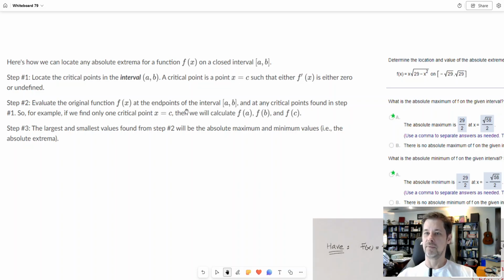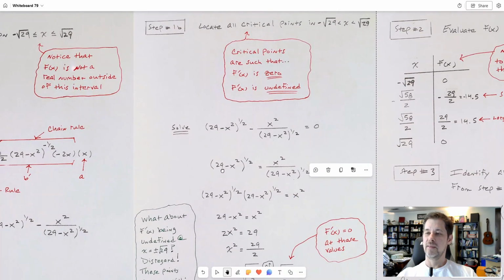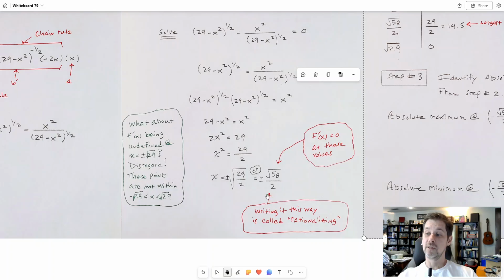So it might be true that our derivative is undefined at root 29 and minus root 29, but those numbers are not in play as far as finding the critical numbers. So we just have 2 critical points: plus root 58 over 2 and minus root 58 over 2.